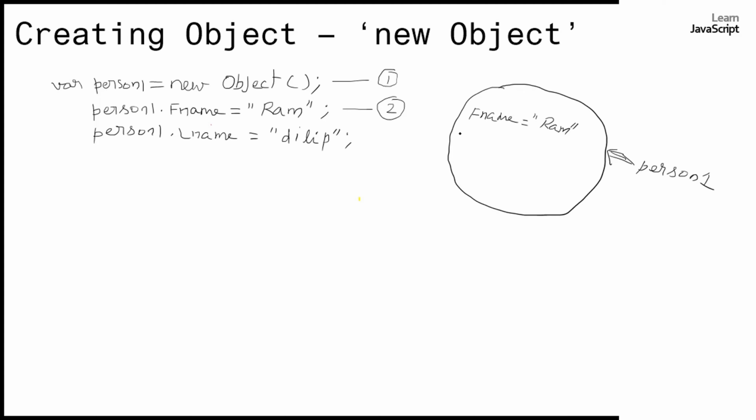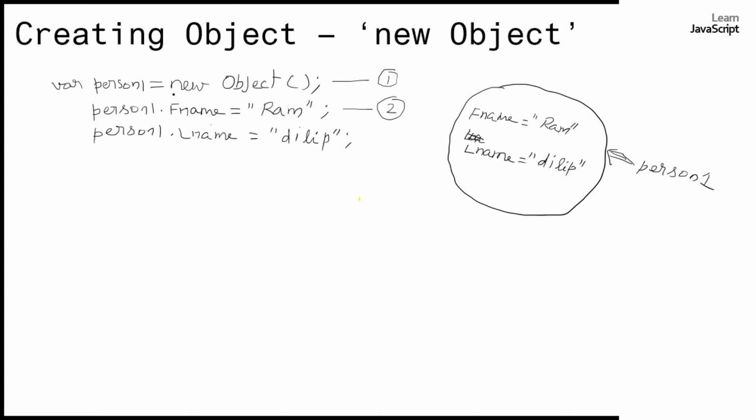So now we will get one more member here, lname. So this is how you can create an object using the new Object notation.